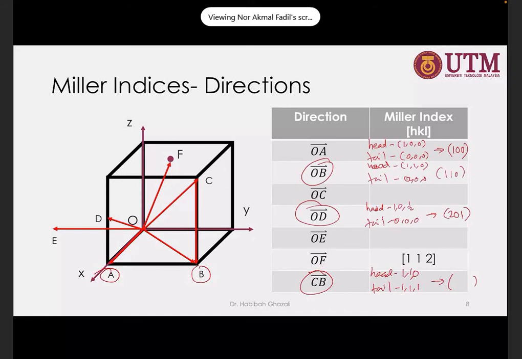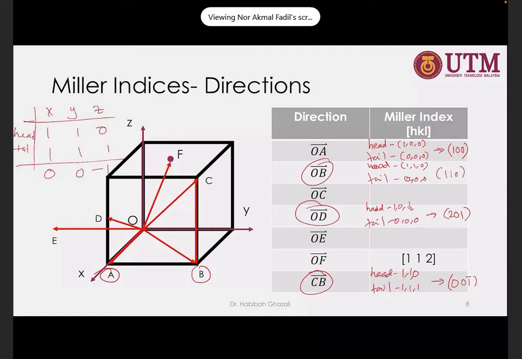So if we make a matrix like this, X, Y and Z, this is head, this is tail. Head is 1, 1, 0 and tail is 1, 1, 1. Subtract: 0, 0, minus 1. So the answer is 0, 0, 1 bar. Remember the minus: we put the bar on top of the respective value for the index.